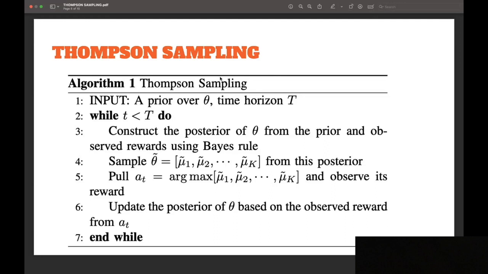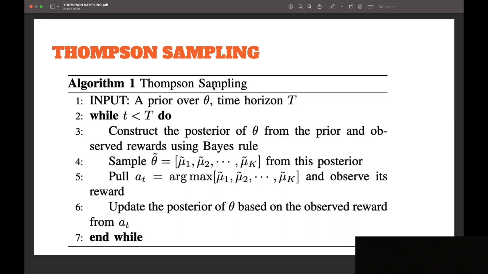If we don't have any idea about how the expected return of each slot machine is distributed, we can input a uniform distribution for each of the slot machines. We also input the time horizon denoted by capital T, which is the total number of times we want to play these slot machines.